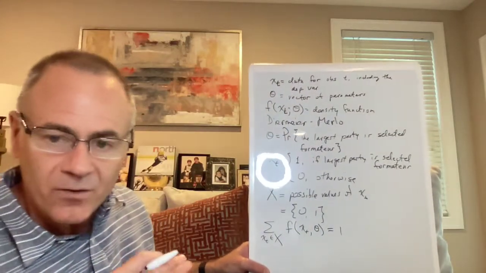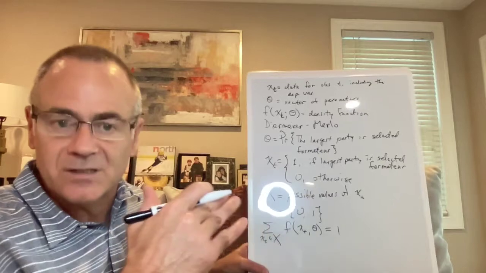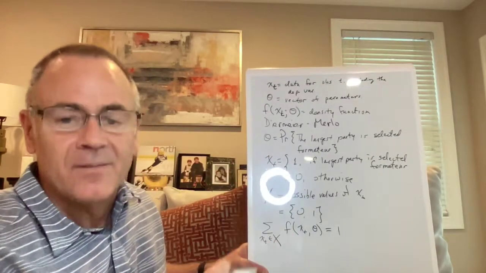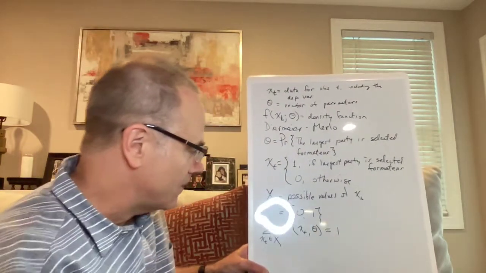If we sum over all the possible values that x can be for f, they've got to sum to 1.